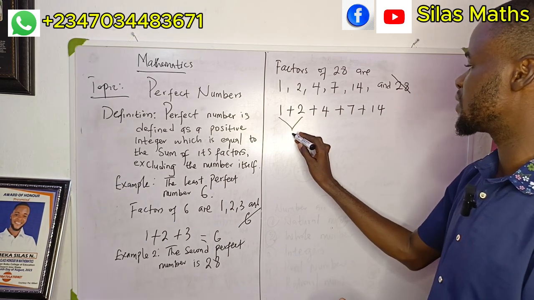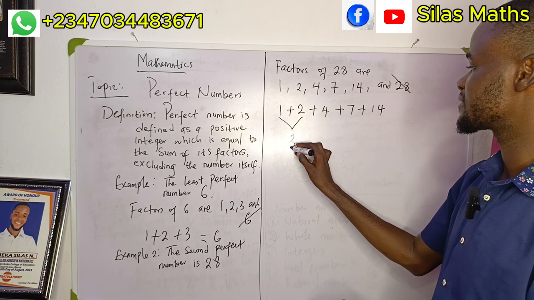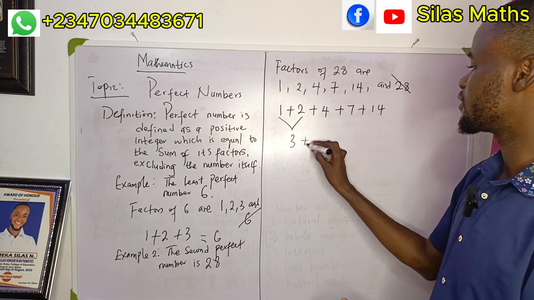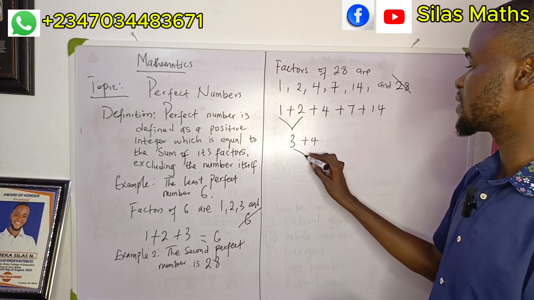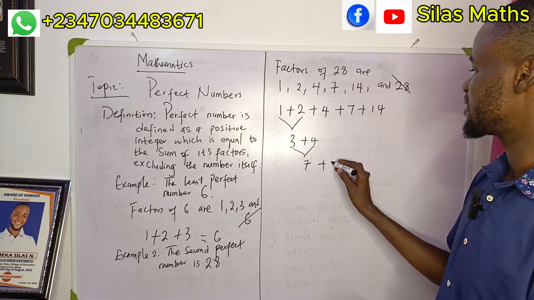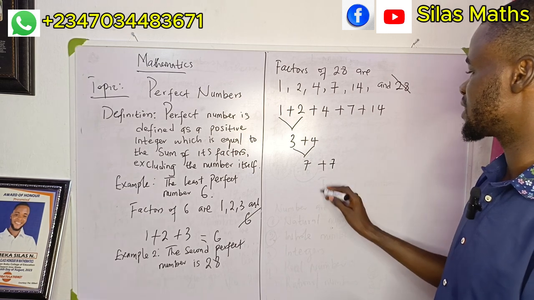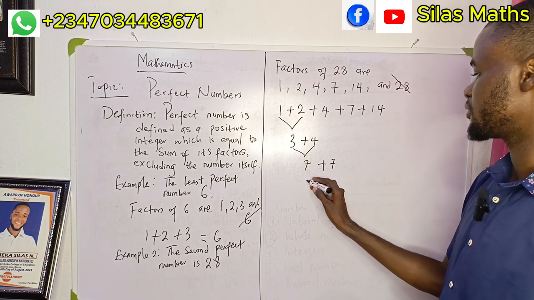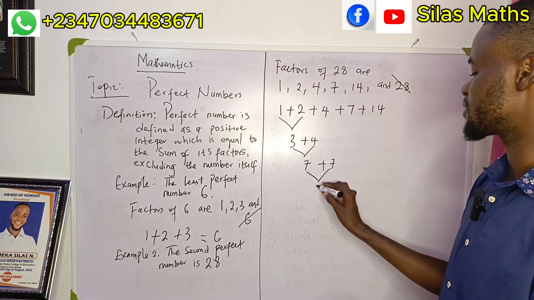1 plus 2 gives us 3. Then we add 4: 3 plus 4 gives us 7. Then we add the next number, 7: 7 plus 7 gives us 14.